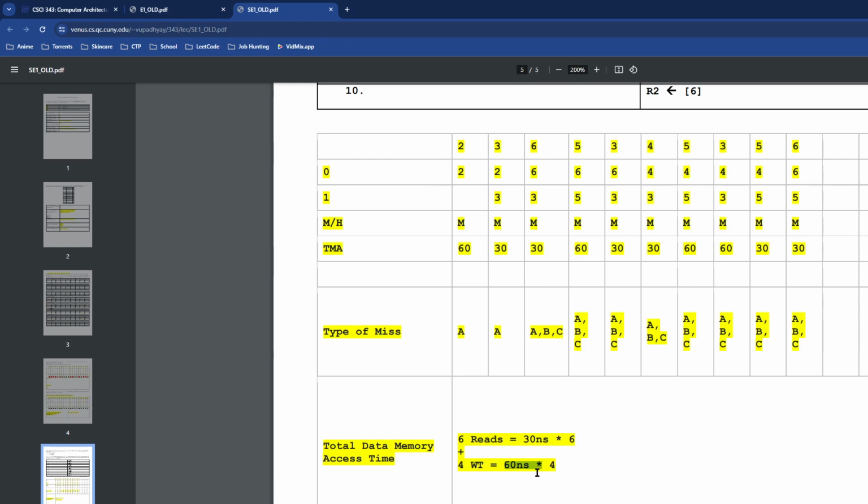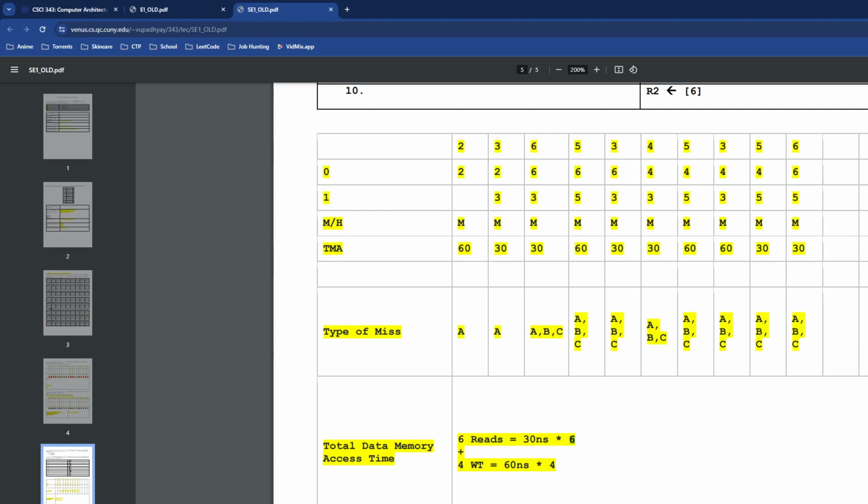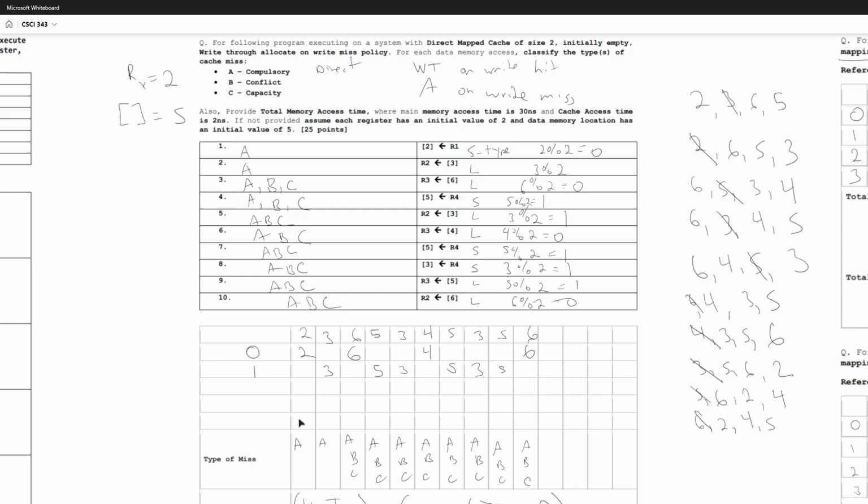It's the same thing. So 8 plus 6 is 14. Yeah, it's the same idea basically, that when you have a write miss and it's allocate, you have to go to main memory twice. That's everything that we have answers for.